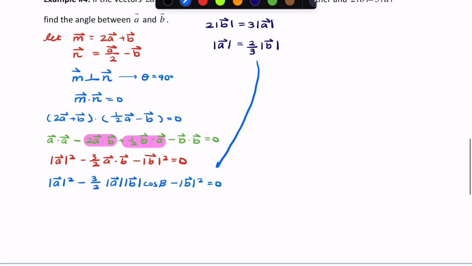So here we have 2 over 3 vector B squared minus 3 over 2 times 2 over 3 vector B. So here the 3 over 2 and 2 over 3 can cancel out. Vector B times vector B cos beta minus B squared is equal to 0.